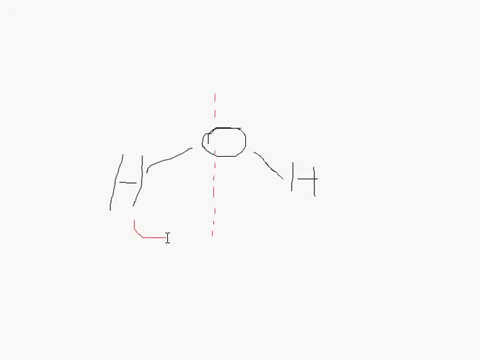See, these H's are going to switch 180 degrees. So you've got that C2 right down the middle. And because water is actually not linear, you can't put a reflection plane through here like this.